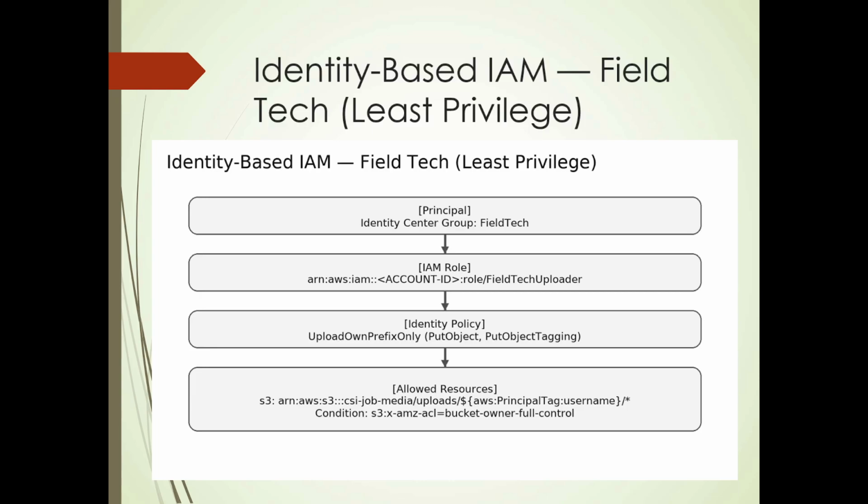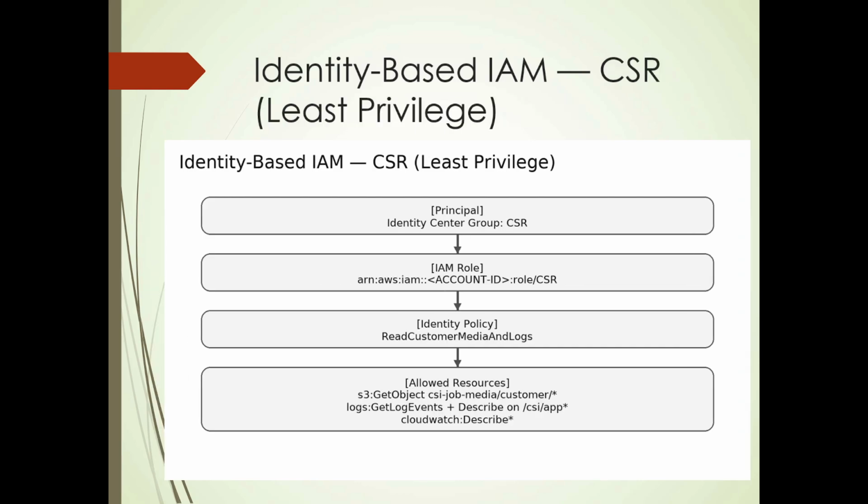So now we're going to go over the IAM diagrams real quick. The first one is the field tech, and as you can see, we have the principal, the IAM role, the identity policy, which we talked about earlier, and the allow resources. Now we're going to go over the customer support rep.